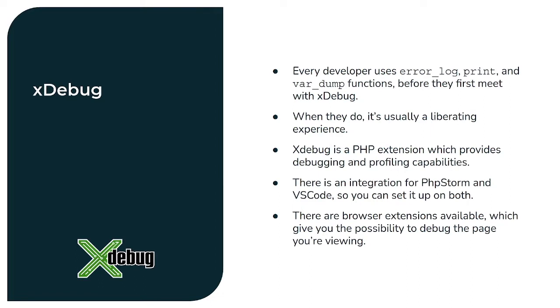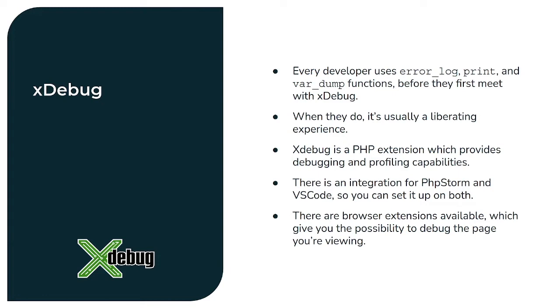For PHP there's Xdebug, and then there's also Zend debugger, but I think Xdebug is widely used and is the most commonly used among PHP developers. Before every developer first met Xdebug, there were probably lots of prints, var_dumps and error logs inside their code.